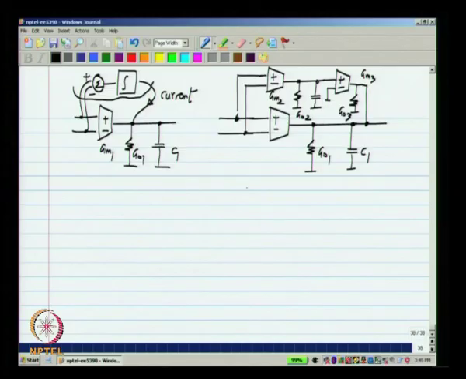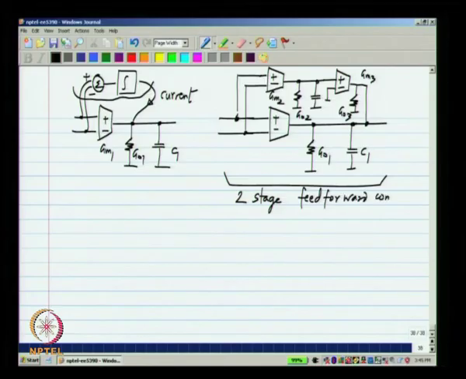Now, this is what is known as a 2-stage feed forward compensated op amp. Now, to realize this integrator, we can use the 2-stage feed forward compensated op amp instead.